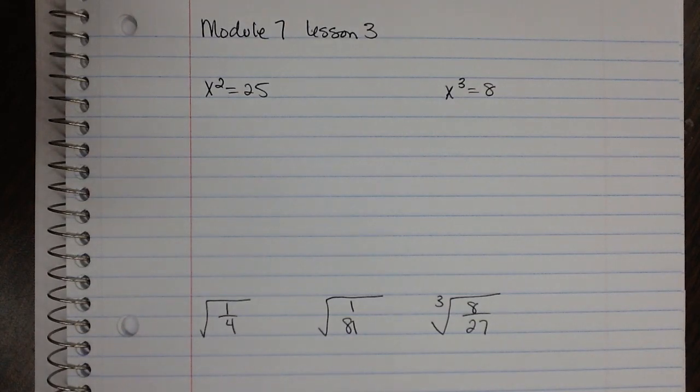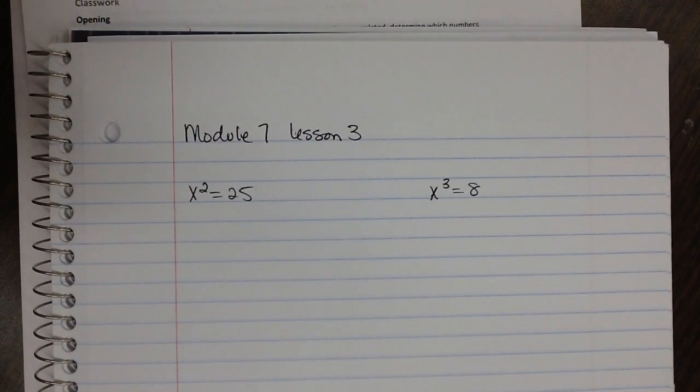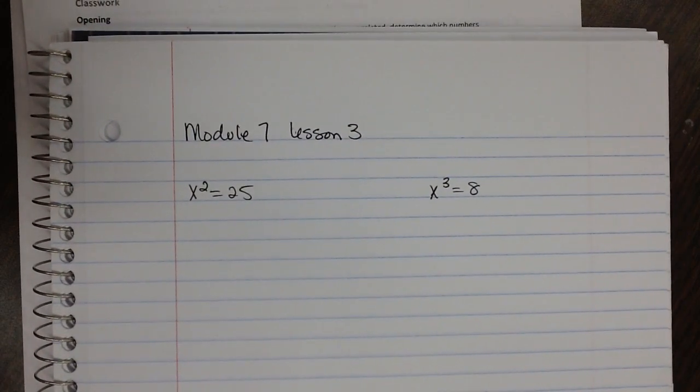If we did not know that we're trying to find the length of a side of a triangle, the answer could also be -5, because -5 times -5 is positive 25. However, because we're trying to determine the length of a side, we provide a positive length. A length cannot be negative.